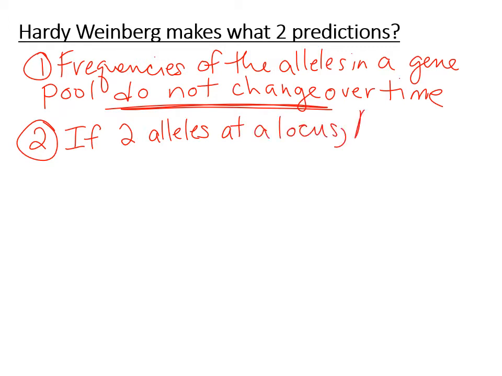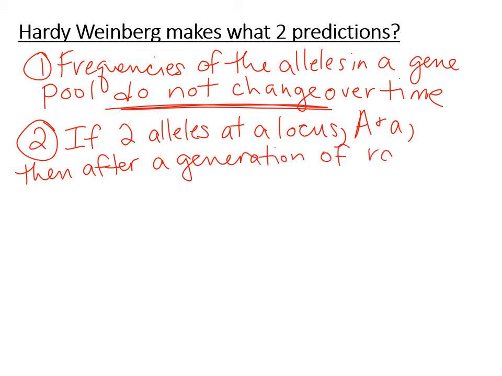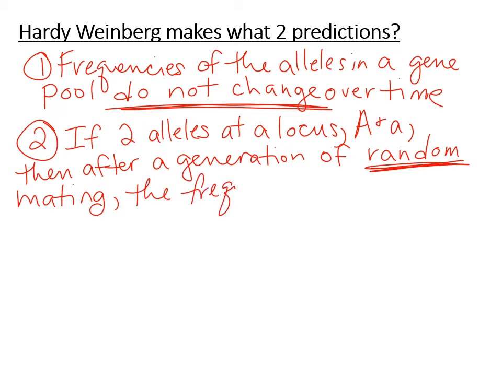okay, and the alleles can either be dominant or recessive, then after a generation of random mating, okay, it's got to be random mating, then the frequencies of the genotypes, again, there should be three genotypes.